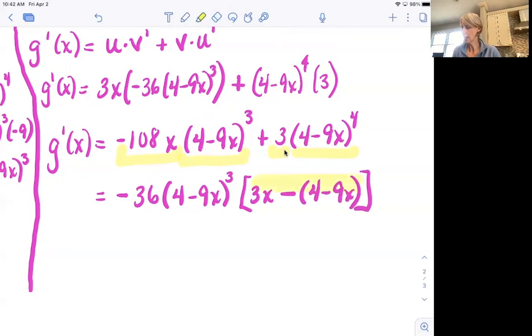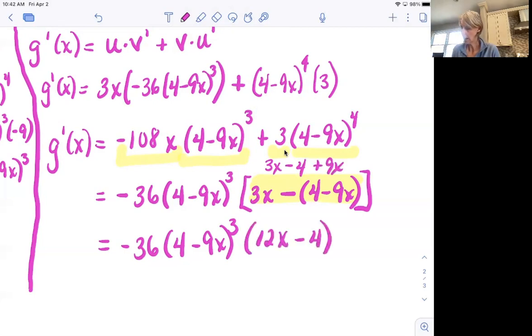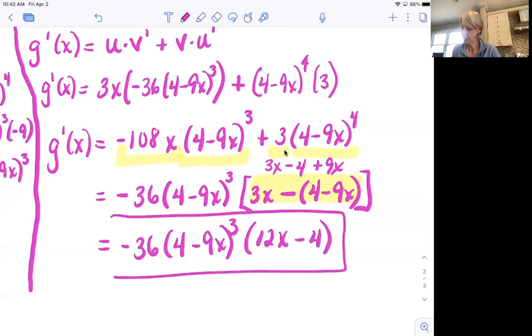Now we can clean up what's in here. 3x minus 4 plus 9x, and we're left with 12x minus 4. And I would just leave that alone from there.